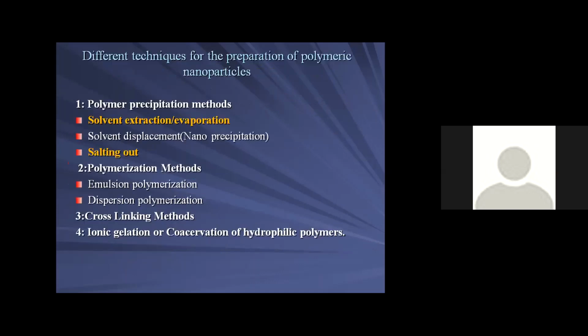These are the various techniques for the preparation of polymeric nanoparticles. Basically, all the techniques are classified into three categories: polymer precipitation methods, polymerization techniques, and amphiphilic macromolecular cross-linking methods. In the polymer precipitation method, solvent evaporation, nanoprecipitation, and salting out are considered very important.